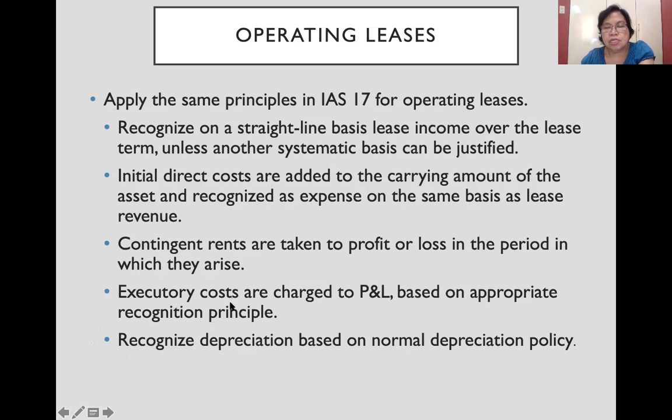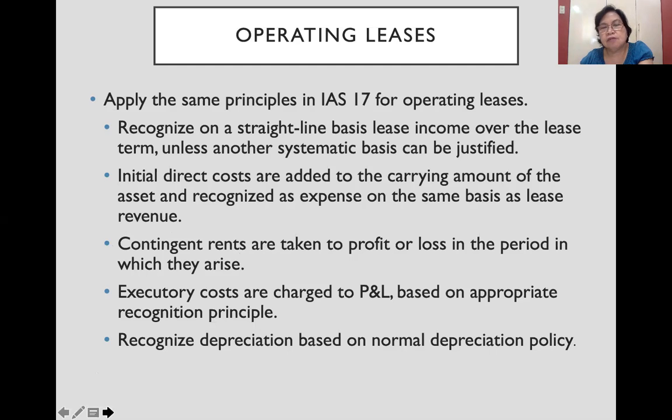Then, additional expenses such as repairs and maintenance, taxes and insurance are also included in the financial statements of the lessor. Additional rent income may be recorded by the lessor based on contingent rental.